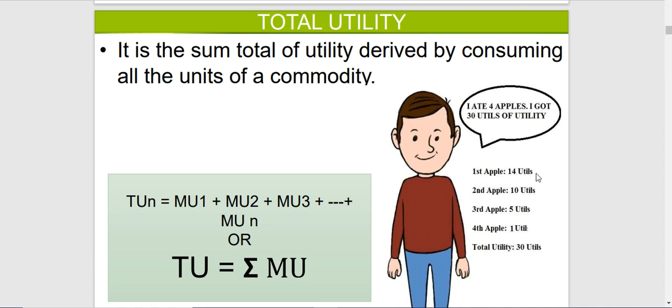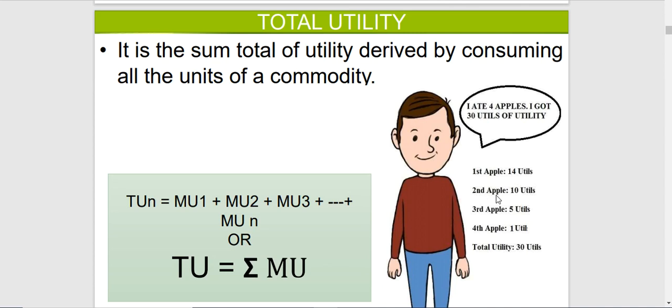Utils, children, is an imaginary concept in order to explain the concept of utility or satisfaction derived from a particular product by a person, and it varies from person to person, but for the sake of uniformity the concept of utility has been given. First apple consumed by the person gives him 14 utils.